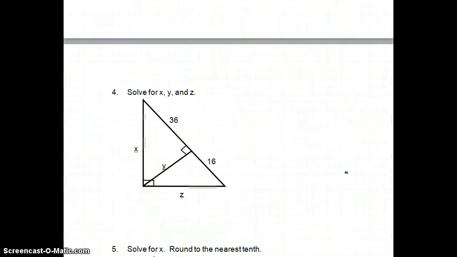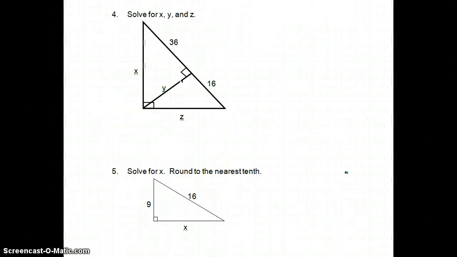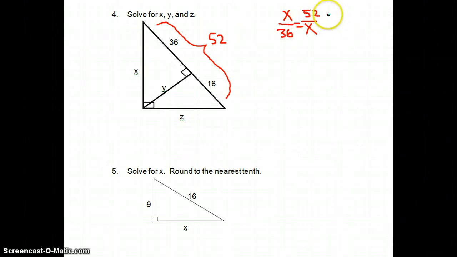Number 4, solve for x, y, and z. Okay, well, x, y, and z are all the geometric means, so we just need to find those. First, we're going to find out what this is. 36 plus 16, and that's 52. So x is the geometric mean of 36 and 52.